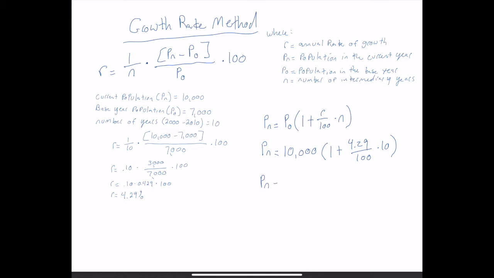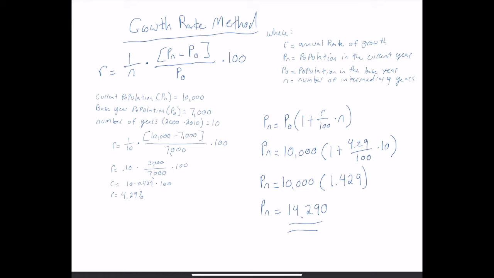So we do a little bit of math, and P sub n is now equal to 10,000 times 1.429. And multiply that out, and we get a final population in the year 2020 of 14,290.